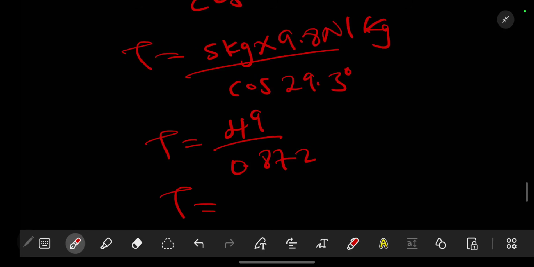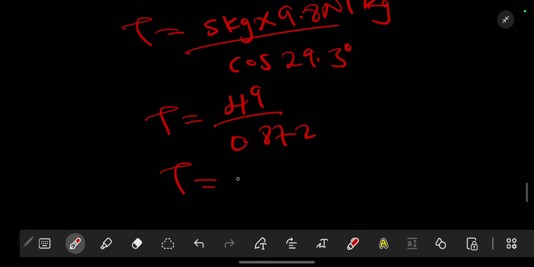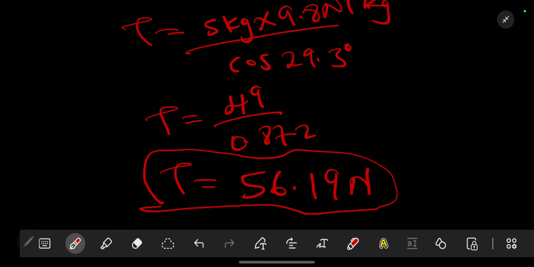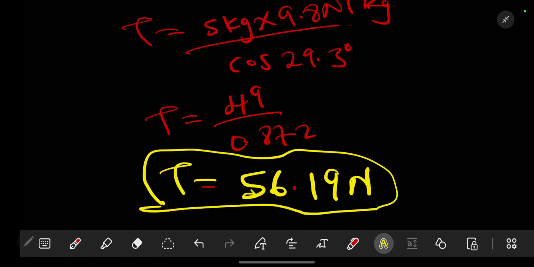So our T should be equal to 49 divided by 0.872. So we have our value to be equal to 56.19 newtons. So this is our force, our tension there.